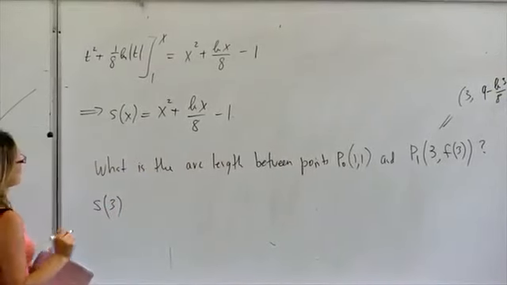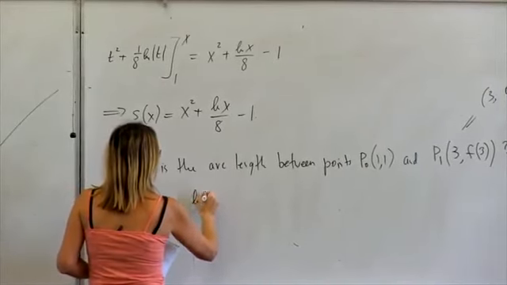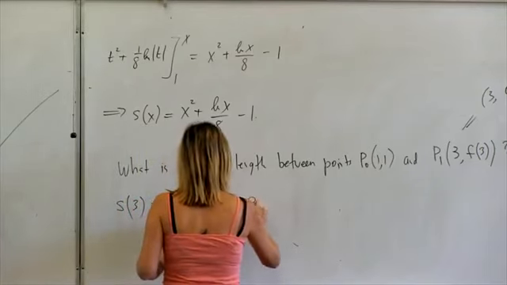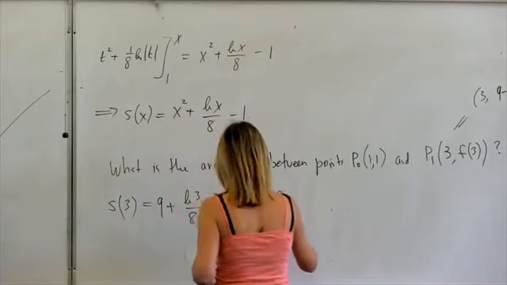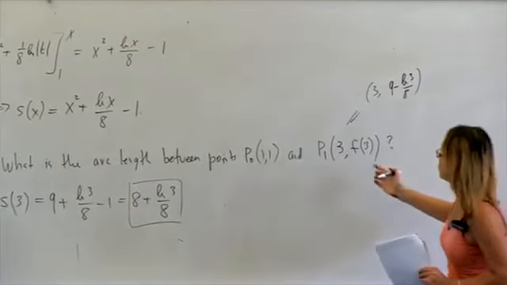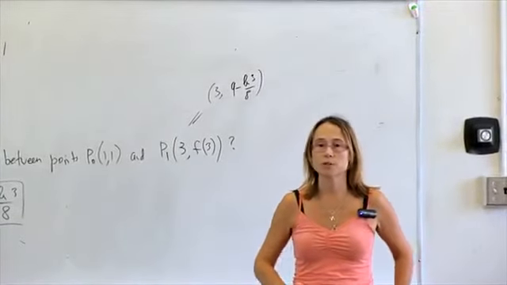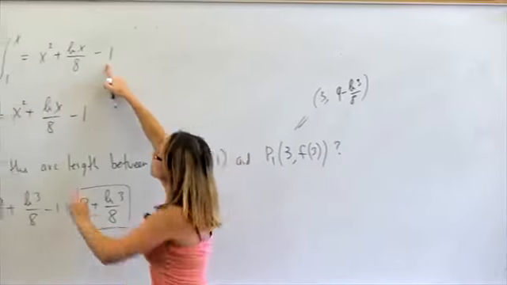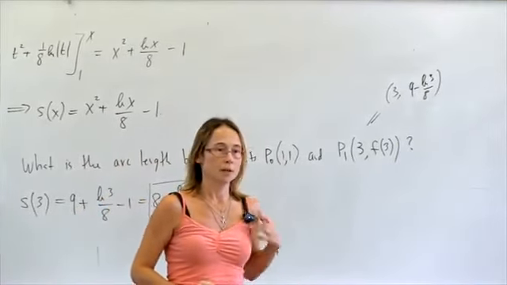So s of 3 is equal to 9 plus log 3 over 8 minus 1. So it's just 8 plus log 3 over 8. And for any other point, we do the same, and that gives you the length of the curve. Any questions? Question? Minus 1 is this, and this gives you 0. More questions? Okay, thank you very much.